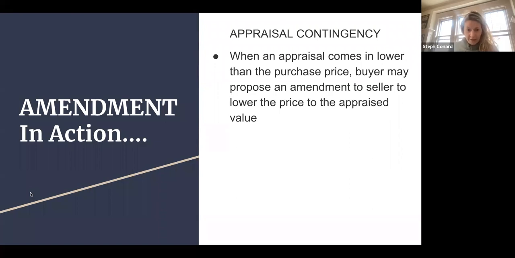So that might come up where, especially in this competitive marketplace where offers are going for 10,000, 20,000, 30,000 over list price, you might have an appraisal come in that is lower than the initial agreed upon purchase price. If that happens, the buyer can, and we'll get into all of their options, but the buyer can propose an amendment to the seller to lower the purchase price to the appraised value.